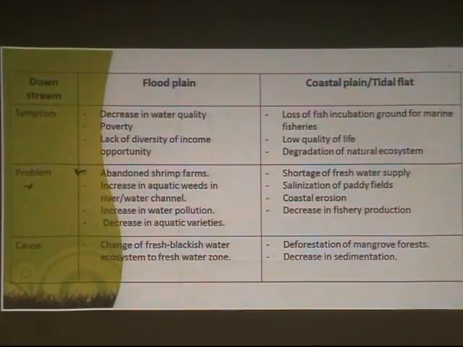Downstream, the river floodplain of the lower basin has watergates to separate the fresh and saltwater zones, which provide fresh water for agriculture and saltwater for aquaculture.